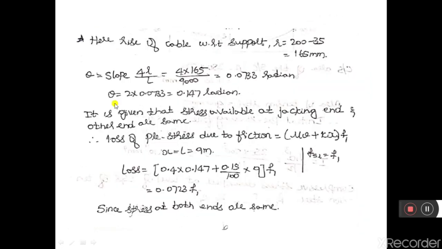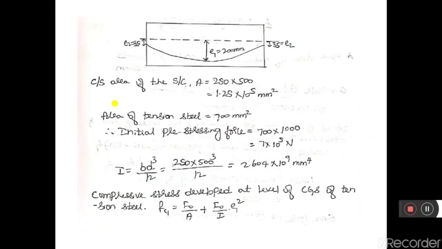And here, rise in cable with respect to support. That means we need to consider the rise in cable with respect to support, that is, at the support the cable has an eccentricity of 35 mm. Then what is the eccentricity with respect to the ends of the cable and the midspan? If I draw an imaginary line like this, then what will be the eccentricity from here to this imaginary line?